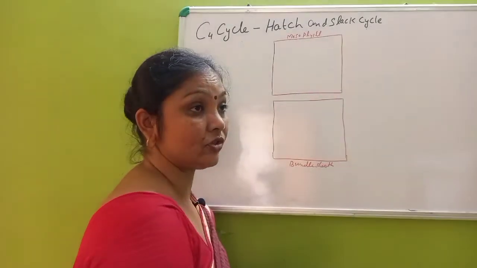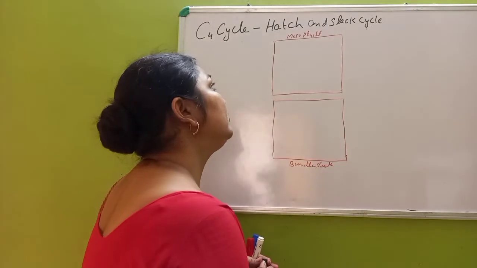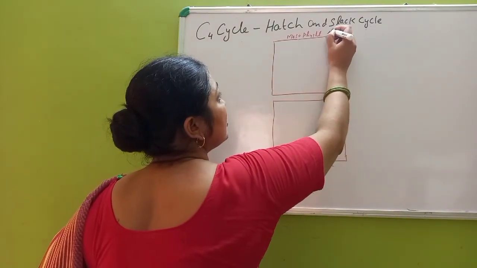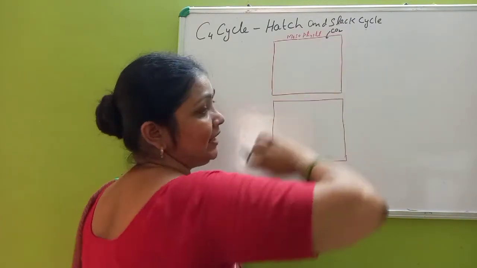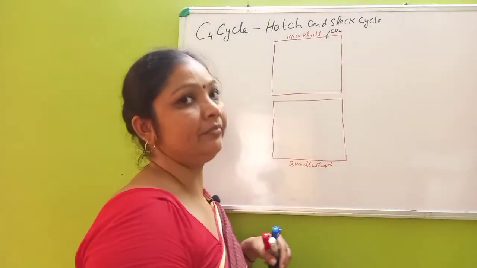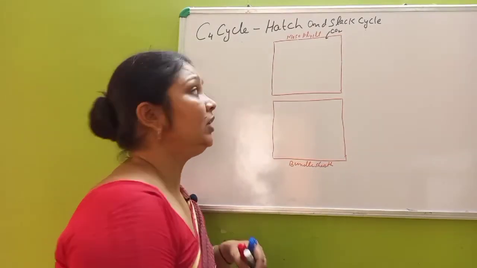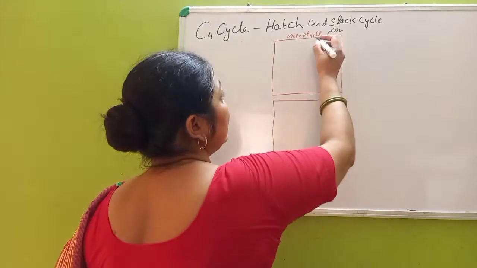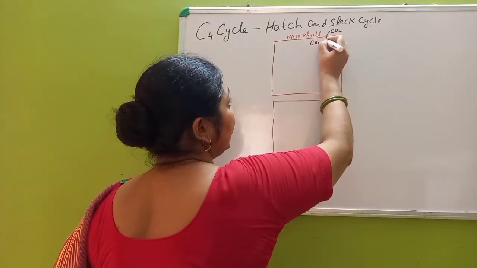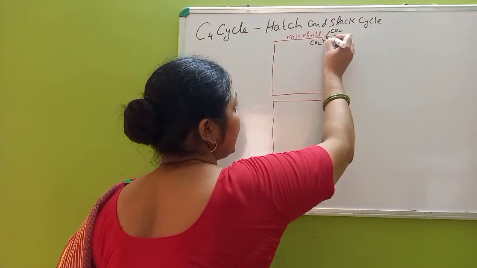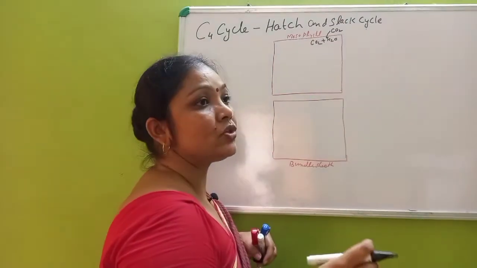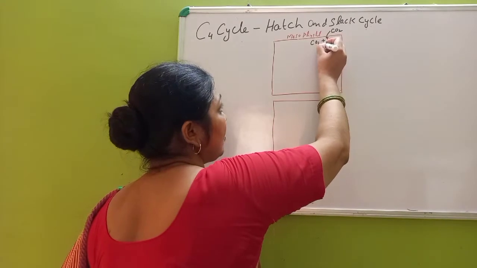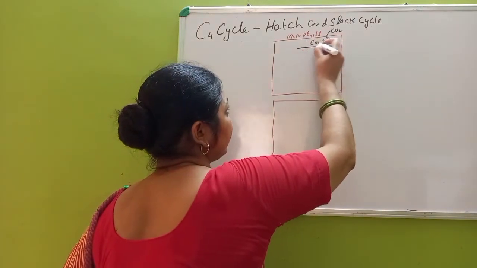Now see the cycle actually. What happened? Carbon dioxide diffuses from outside into the mesophyll cells. Here carbon dioxide gets mixed with water that is already present, in the presence of an enzyme.